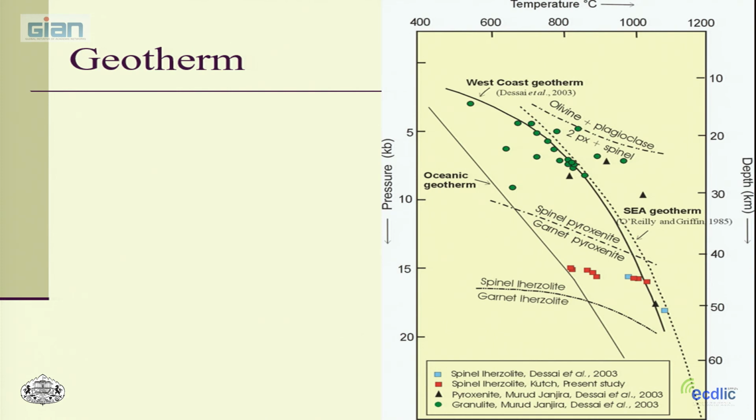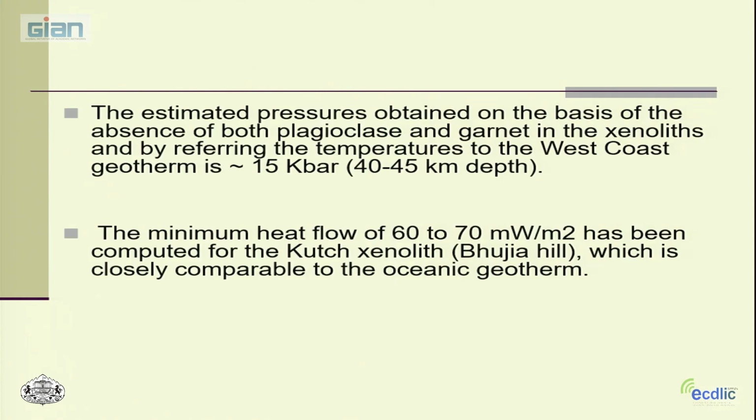This is what one can deduce on the basis of this particular temperature-pressure diagram, which is a geotherm. In the west coast region you have a variety of xenoliths, mostly pyroxenite, granulites and spinel lherzolite, whereas in Kutch you have uniformly one single sort of group.